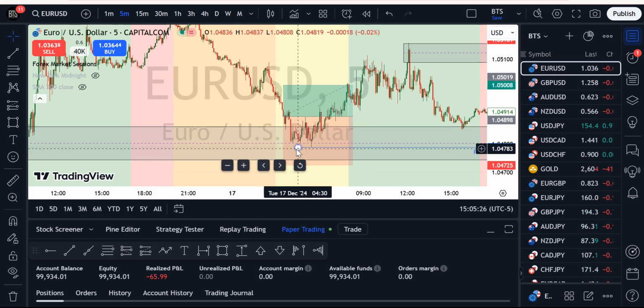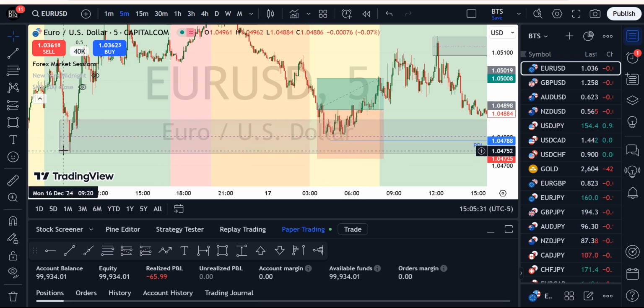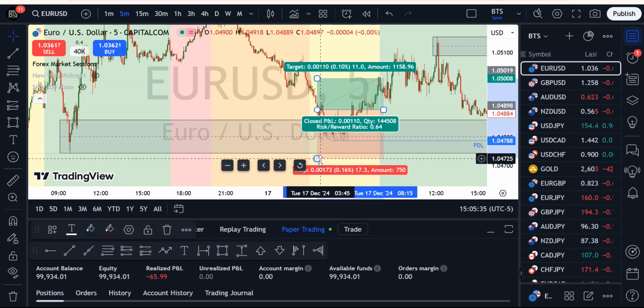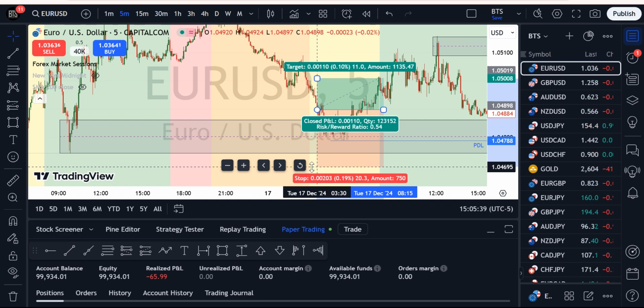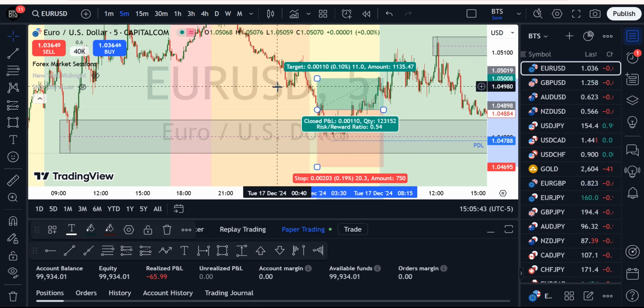So in this case, we want to work with a structural stop loss, which is putting our stop below this low as a protected low. And if I want to put my own ideal stop loss, which is 20 pips, I will increase it to give it more room. So now I'm implementing my RR stop loss and also a structural stop loss.